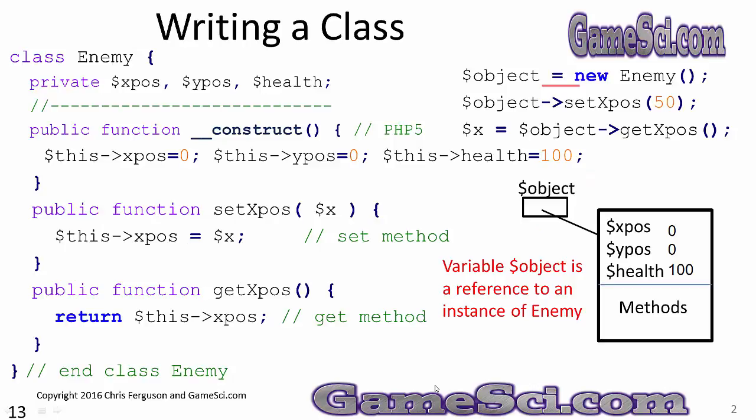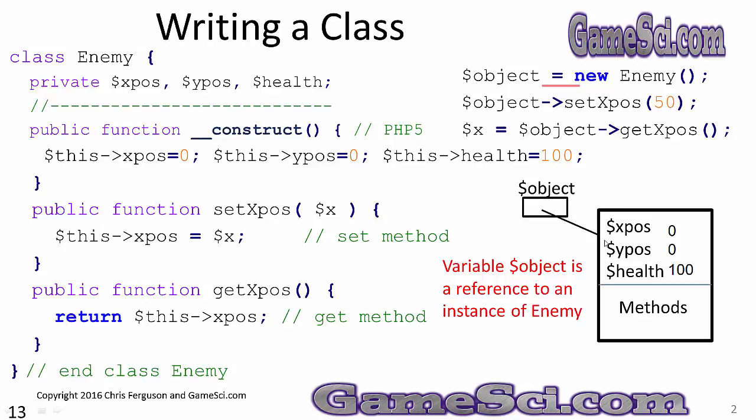The variable $object is a reference to an instance of enemy. You can see my underline here is under the equal sign, because after we were done building the object and running the constructor, we then assign that object to the $object variable. I also drew a line from here to here. $object is technically not the memory for the object.